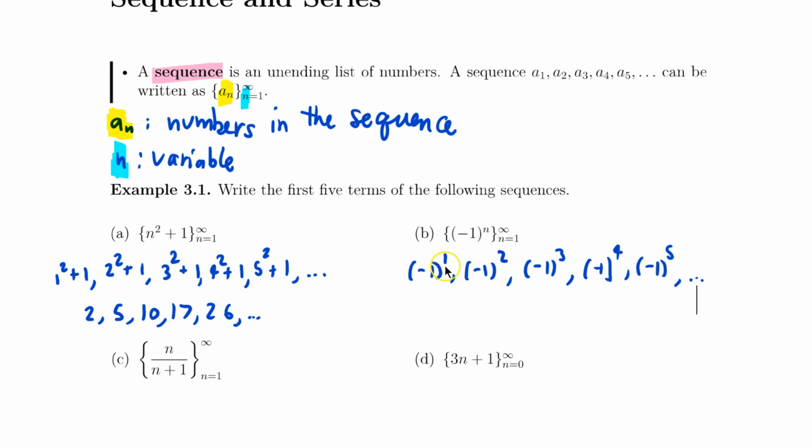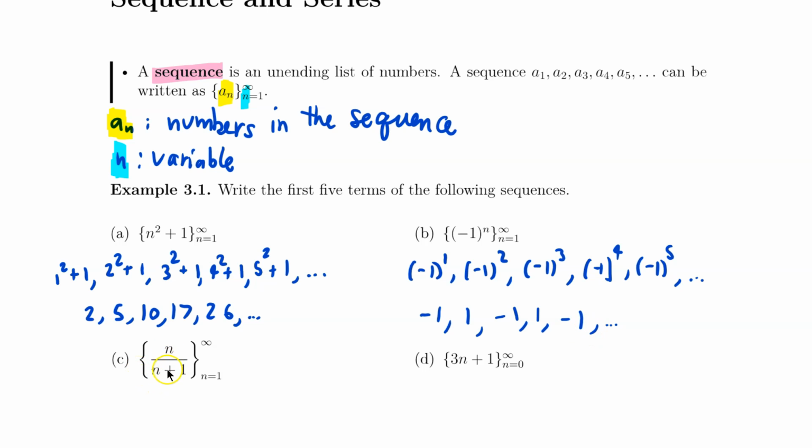Now negative 1 to the 1 is just negative 1. Negative 1 squared is just 1. Negative 1 cubed is once again negative 1. Negative 1 to the 4th is going to be 1, and negative 1 to the 5th is negative 1. We can notice that the numbers in the sequence are actually just negative 1 and 1, and they keep alternating between the two.